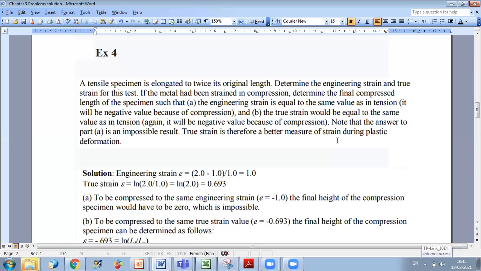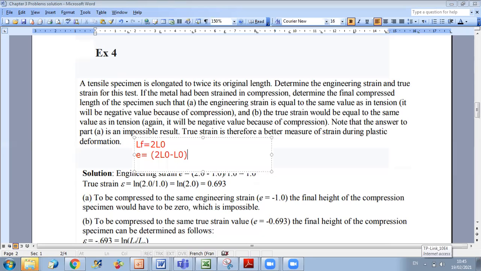So let us do the problem. First, we have a specimen that is elongated to a final length of 2 times L0. Since we know this, we are able to calculate the engineering strain, because the engineering strain by definition is the final length, which is 2L0, minus the initial length, which is L0, over L0.